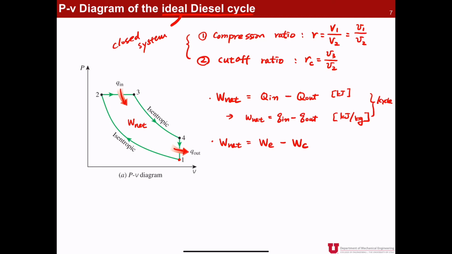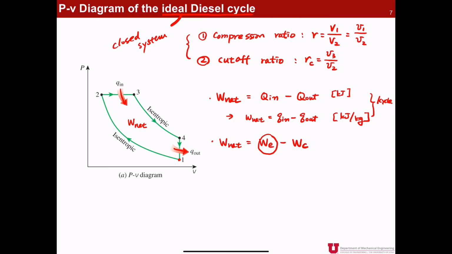Okay? But when we see the diesel cycle, you have to be super careful when you try to calculate the expansion work, because now by looking at combustion process 2 to 3, there is also the volume expansion, meaning that during the combustion process, your engine also should do a certain amount of work of expansion.